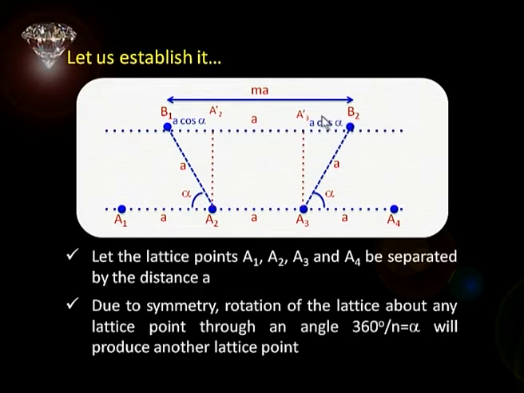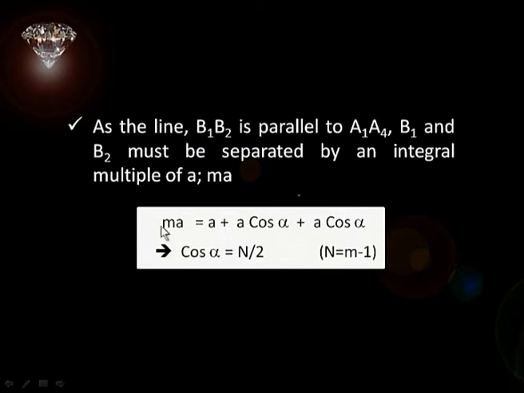Similarly, this also is A cos alpha. Then the whole distance MA should be equal to A plus A cos alpha plus another A cos alpha. Solving it, I find that cos alpha is n by 2, where n is nothing but m minus 1, where m was the multiple of the repeat distance.